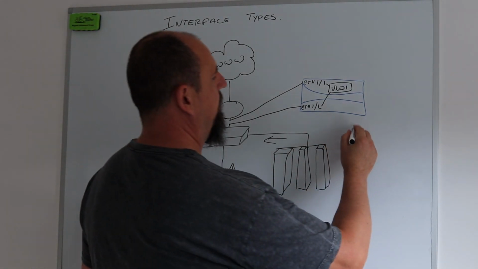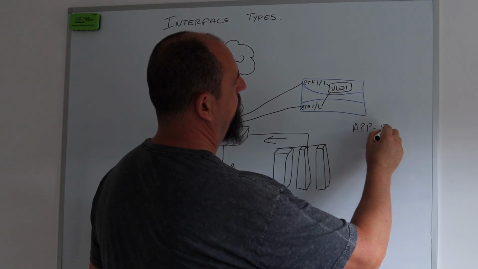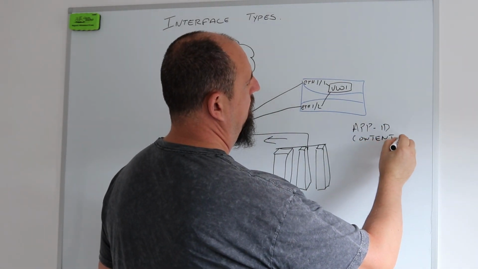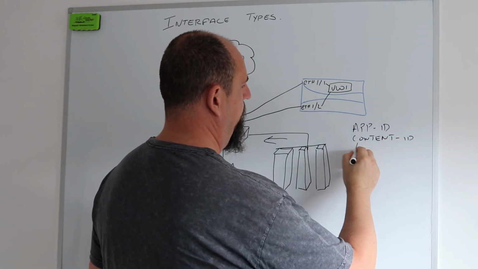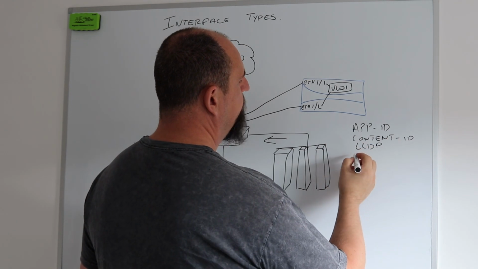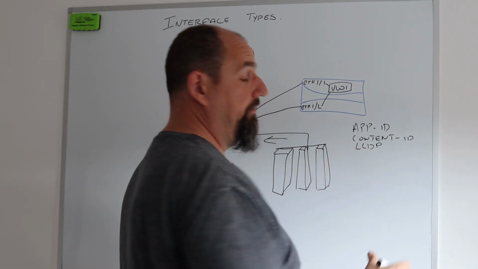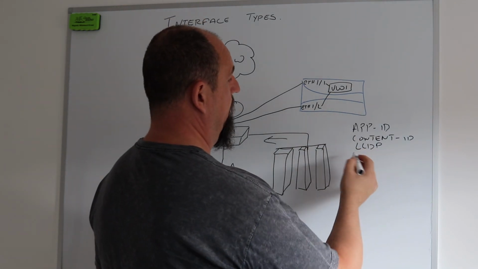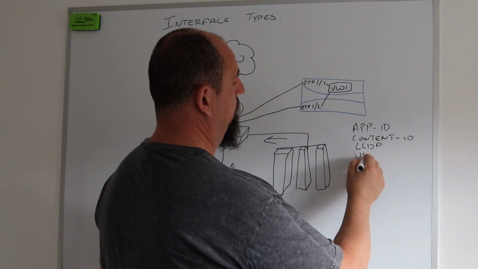So on there we'd have what we do support: App ID, Content ID, LLDP, because that's layer 2. We can enforce rules on the traffic, we can block traffic based on these, we can evaluate traffic based on user ID.